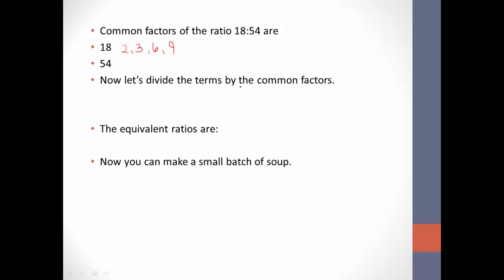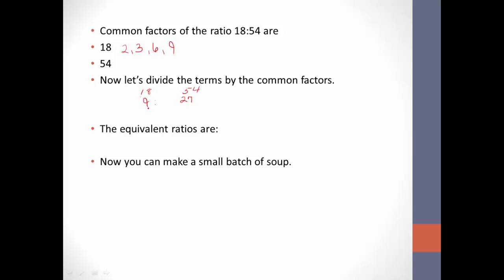Now let's divide the terms by the common factor. We have 18 and we have 54. So let's divide by 2 first, and we'll have 9. 54 divided by 2 is 27.